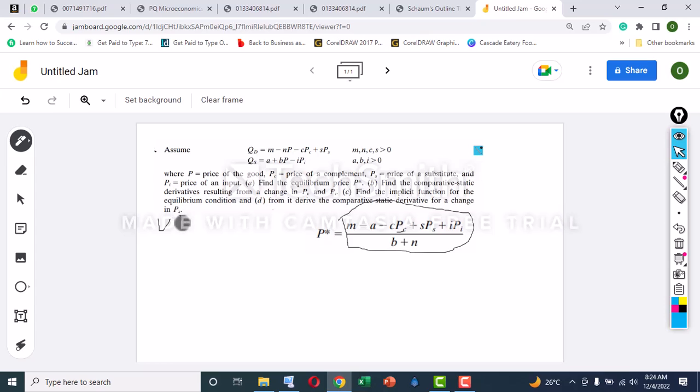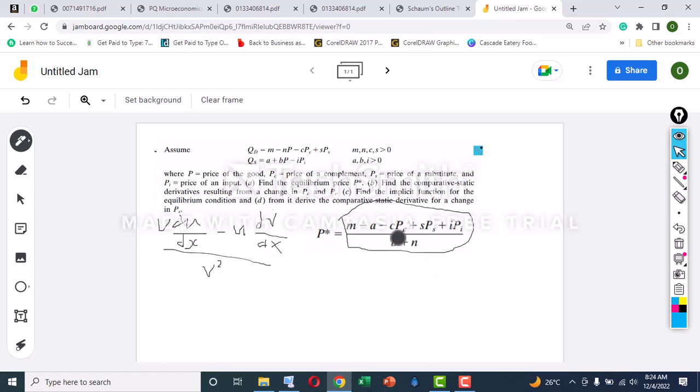V du dx minus, we are just going to do one of it. You can do PI by yourself once you have done PC. So minus u dv dx, then everything over v squared.